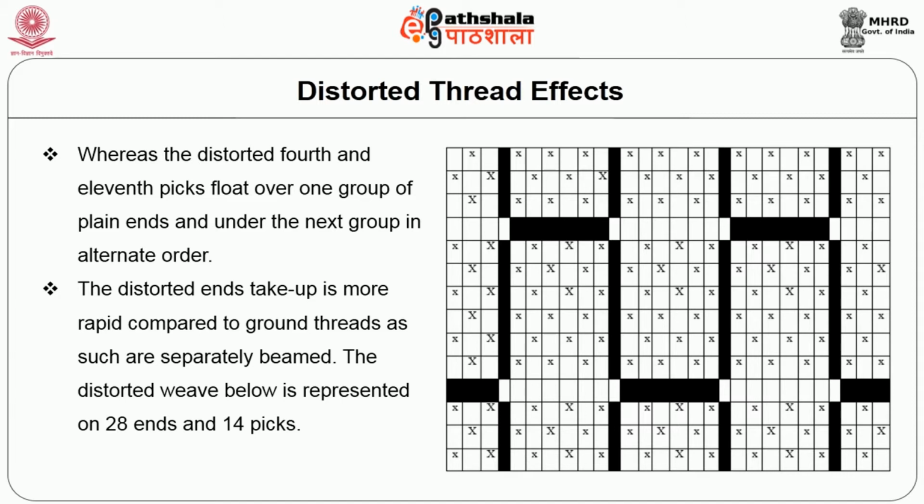The 4th and 11th ends float over the plain picks and under, whereas the 4th and the 11th pick alternately float over and under the warp ends.